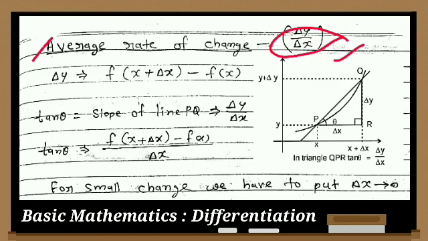There is a curve you can see in the figure. This is the curve, and the point is P and the point is Q. In this figure, the first value is y and the second value is y plus delta y. The difference is delta y between both the values in the y direction.